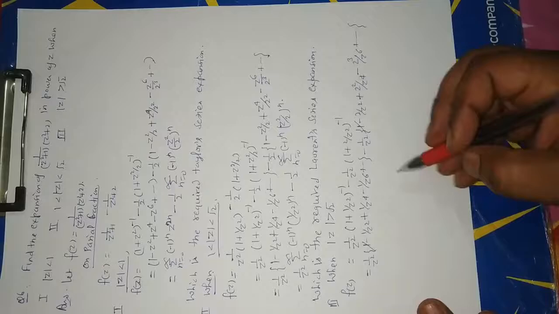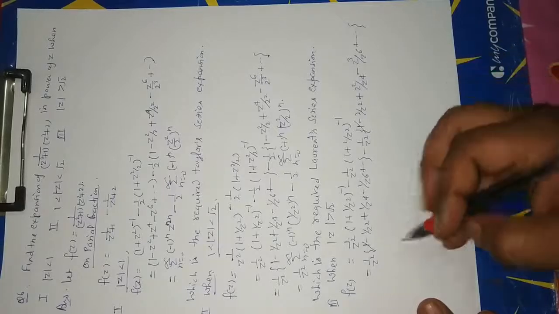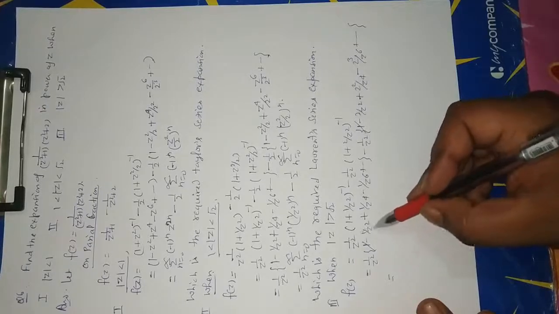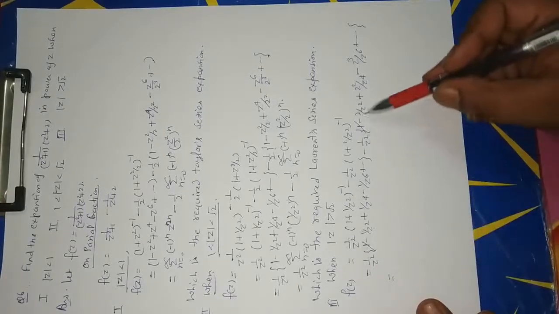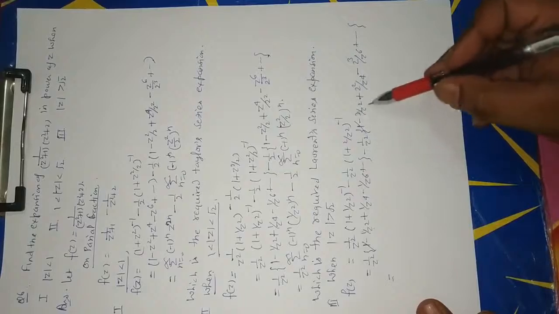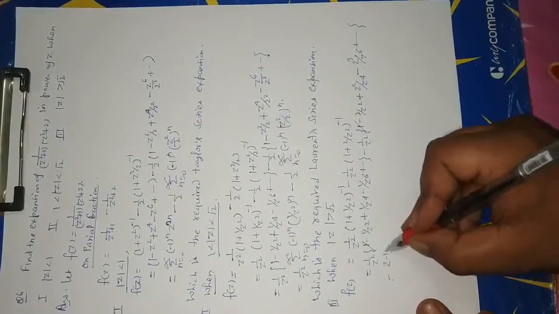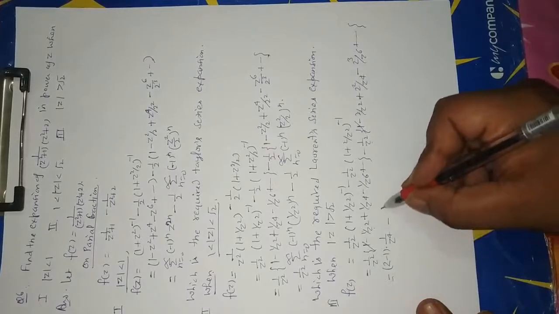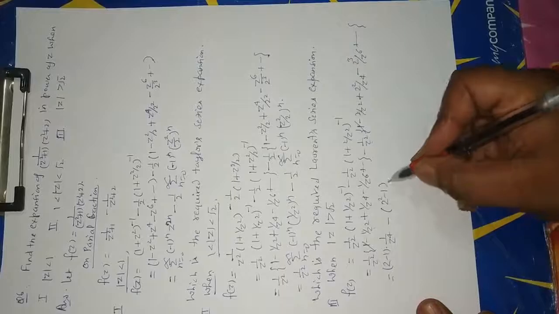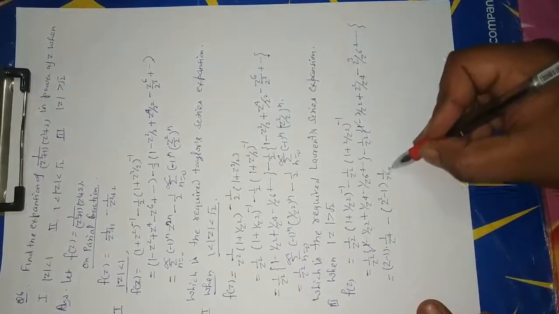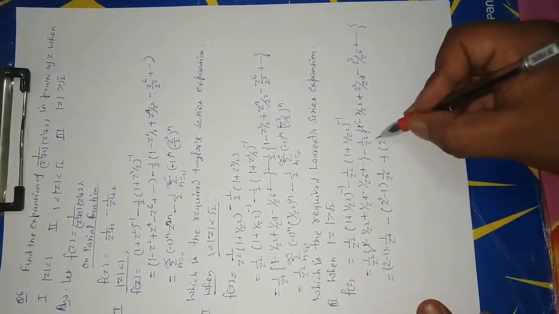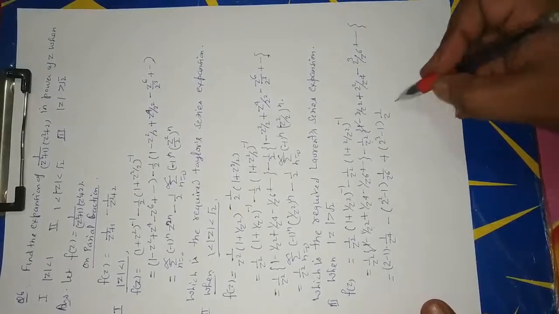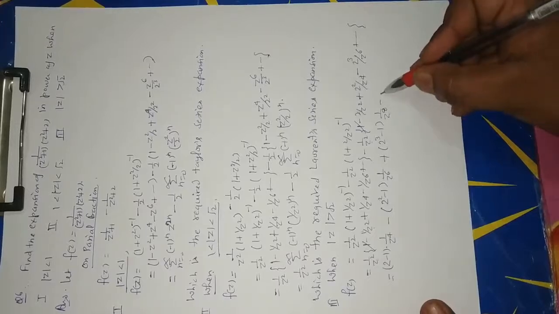Now minus 1 upon z to the power 4 and plus 2 upon z to the power 4, that is, we can write (2 minus 1) into 1 upon z to the power 4, minus (2 square minus 1) upon z to the power 6 plus (2 to the power 3 minus 1) upon z to the power 8 minus up to.